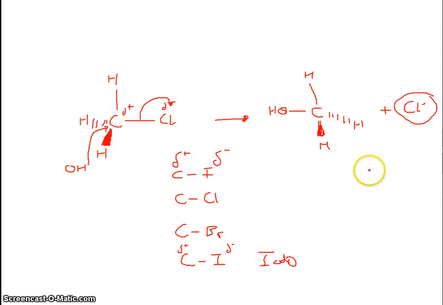So we dissolve the halogenoalkane in ethanol, and then we add silver nitrate solution to the mixture as it's undergoing this hydrolysis.